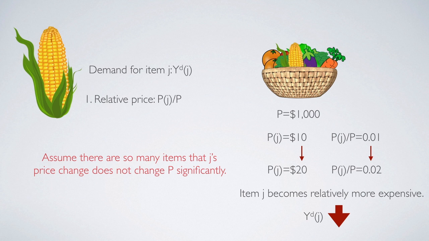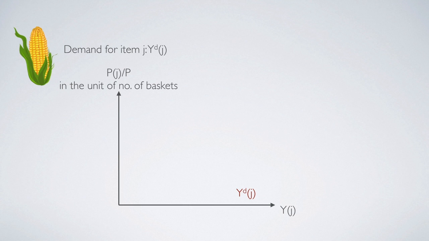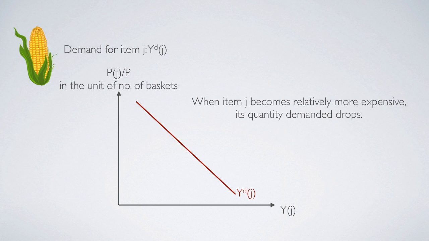So the first thing that can affect the demand for item J is the relative price of item J, which is Pj over P. When this relative price increases, the demand for this item drops. If we draw this relationship on the graph, it would be a negative slope line. The negative slope line represents the fact that when item J becomes relatively more expensive, its quantity demanded drops.